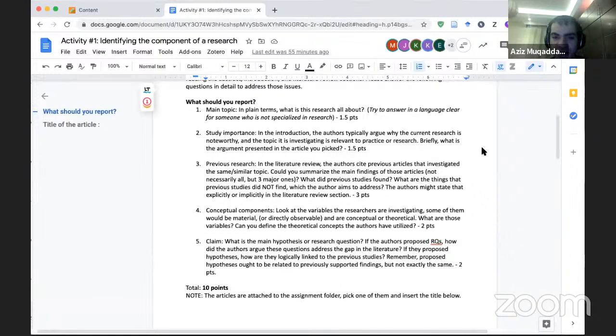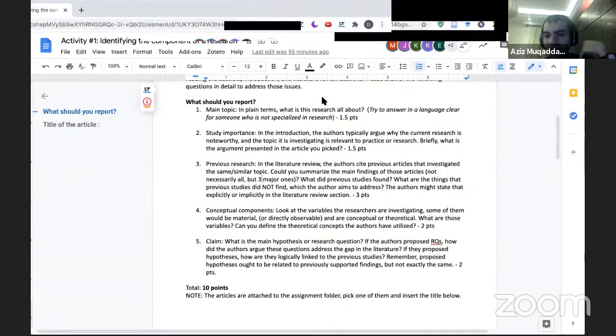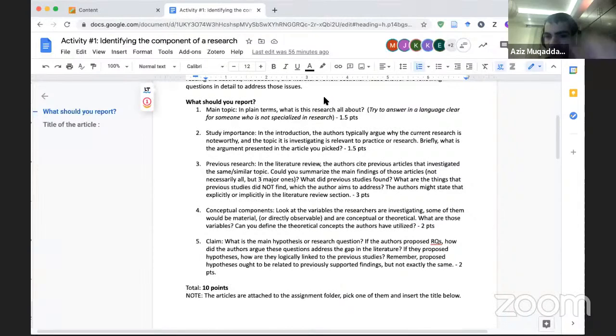So the first one is, in plain terms, what is this research all about? This one you could just tell by reading the title and the abstract. You don't really need to go beyond that. So for question number 1, what the topic is, just explain it in everyday language.